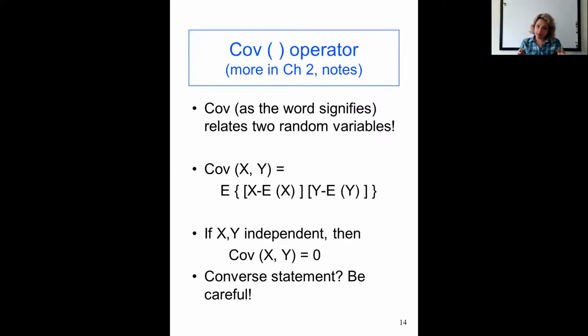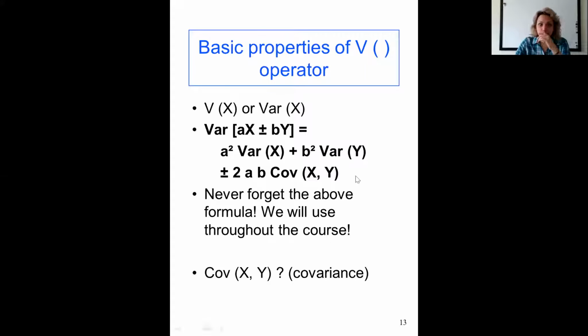If X and Y are independent, meaning they don't affect each other, then the covariance of X and Y is going to be 0. If we go back to the equation for the variance of AX plus or minus BY, and X and Y are independent, this term is going to be 0.